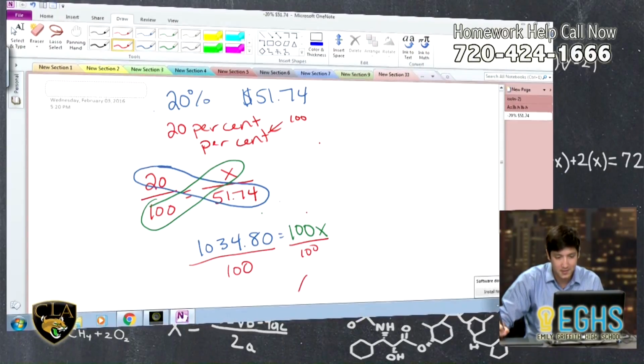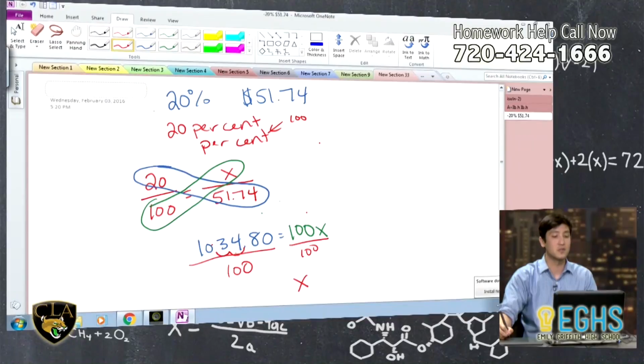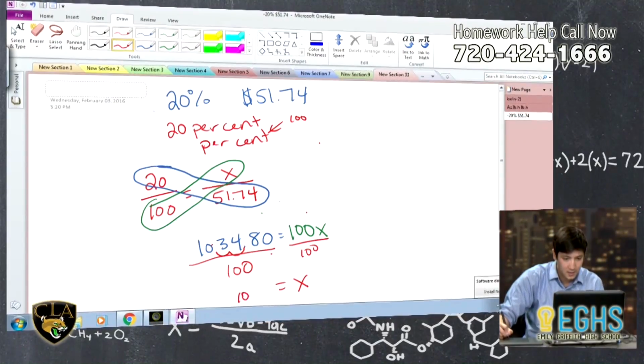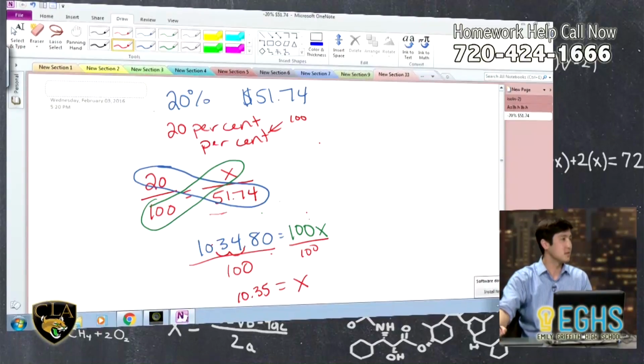This becomes easier because when you're dividing by 100, you can just move the decimal over to the left 2 places. And you get $10.35. This question asked us to round to the nearest dollar, so rounded to the nearest dollar, we get $10.